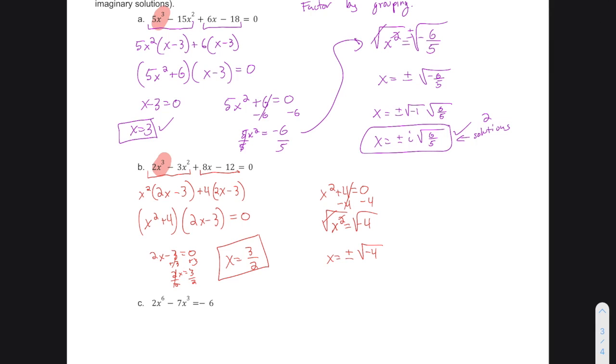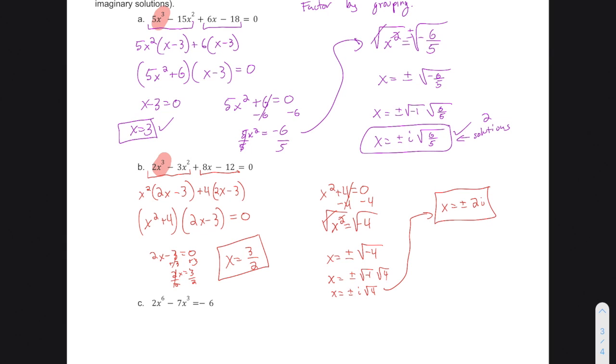When we have the square root of a negative number, we can factor out the square root of negative 1. And then we get x equals plus or minus i square root of 4. And we know that the square root of 4 is 2. So x equals plus or minus 2i.